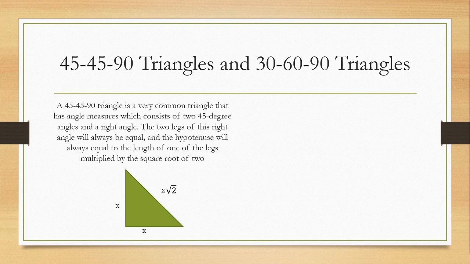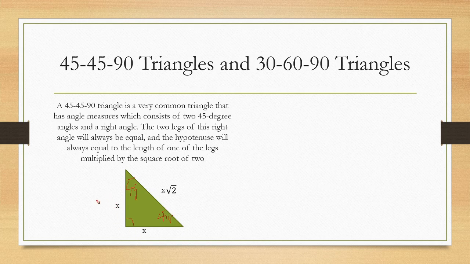So say we have a 45-45-90 triangle. We know it because both of these sides are the same, and these have angle measures of 45 and 45, and a right angle. That means that x would be equal to both legs.